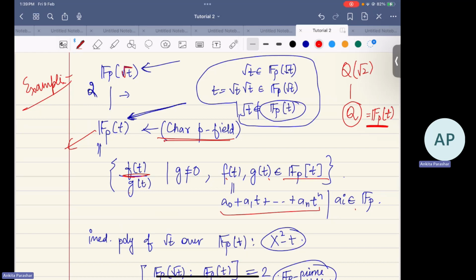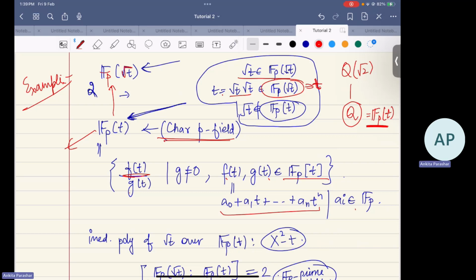It is a quotient field actually. Notice root T is in this, and therefore the product is also in it. Therefore this contains T. So T belongs to this field, therefore it's an extension, since there is a containment.